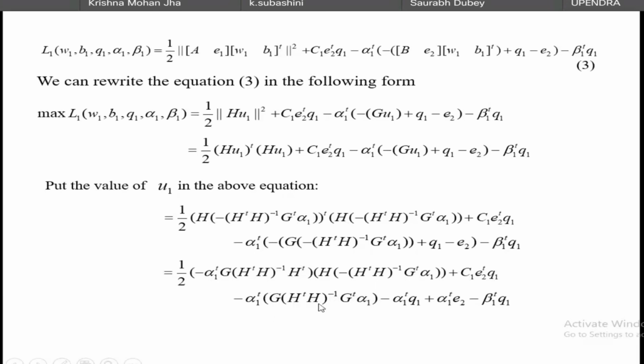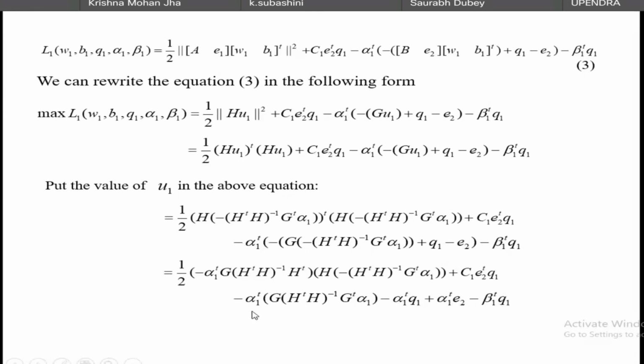So this GH transpose H inverse G transpose alpha 1. And here this minus alpha 1 transpose you can multiply with this Q1, you can write this particular term minus alpha 1 transpose, and when you multiply with U2 you can write this particular term, and this minus beta 1 transpose Q1 we are writing as it is.